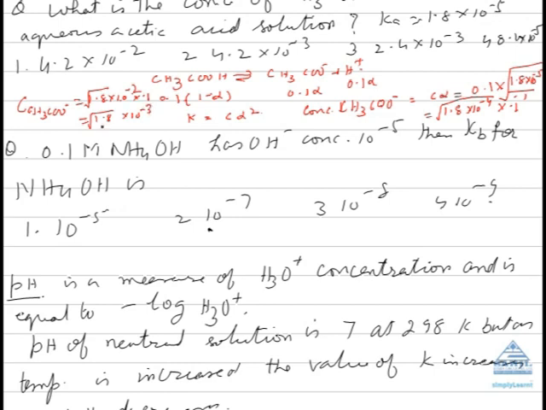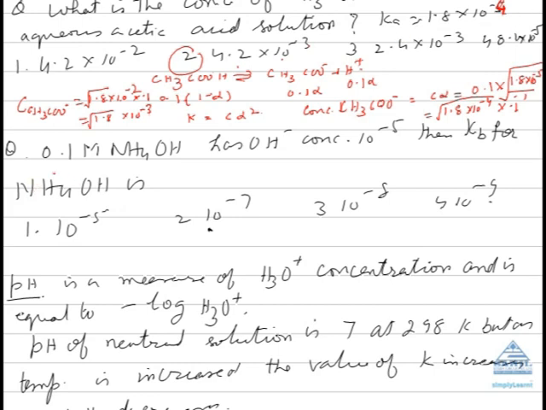The root of 1.8 you can find out, it will be 4.2 into 10 to the power minus 2. So on solving this you will get the answer number 2, 4.2 into 10 to the power minus 2, because the concentration of acetate ion will be the root of 1.8 into 10 to the power minus 4 multiplied by 0.1.